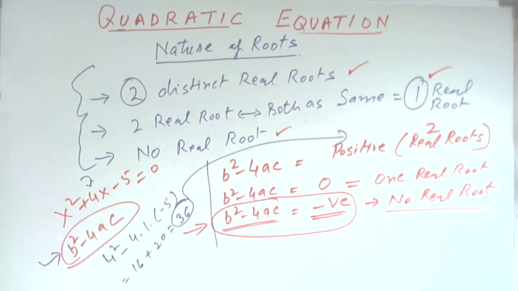So whenever the question is asking to examine the nature of roots and specify how the roots will look, then we don't have to solve the question, but just examine b square minus 4ac whether it is positive, negative or 0, and we can conclude whether it will have two roots or one root or no real root. Thank you.